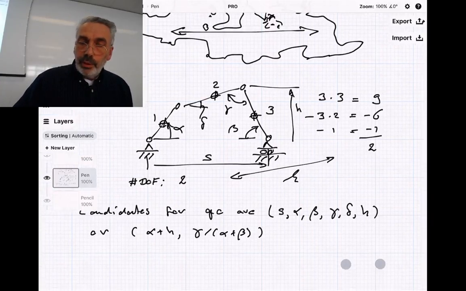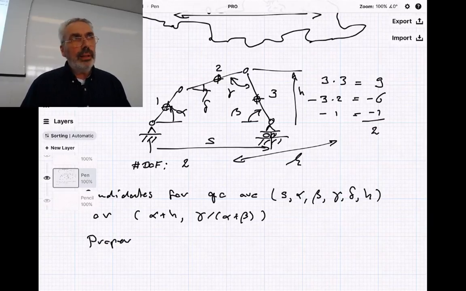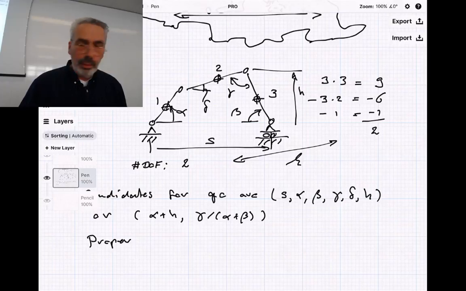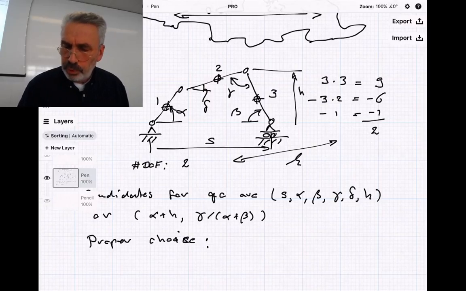However, in this case, what would be a proper choice? With proper, I mean useful, handy, not too complicated. Any ideas? We have to take two out of the whole list.